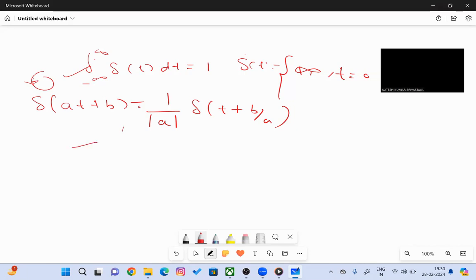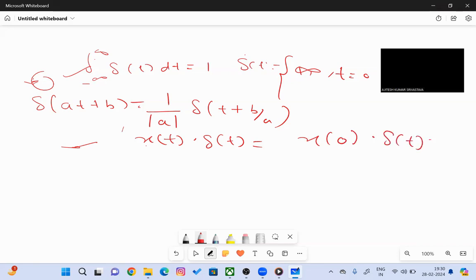Let's discuss the next property. For that, we discuss a function x of t multiplied with delta t. Delta t is present at t equal to 0, so this function is evaluated at t equal to 0, giving x of 0 into delta t.